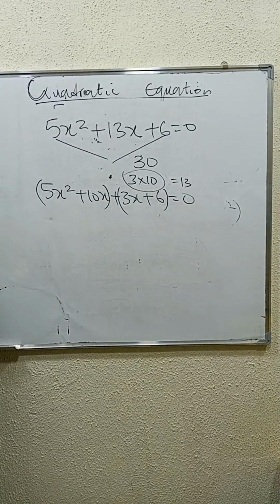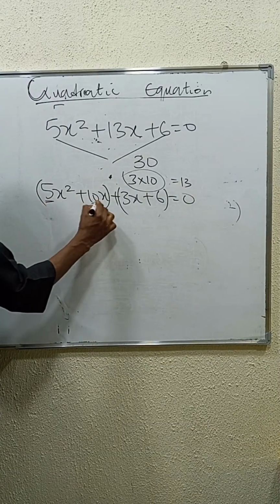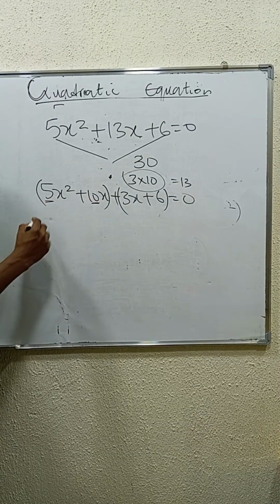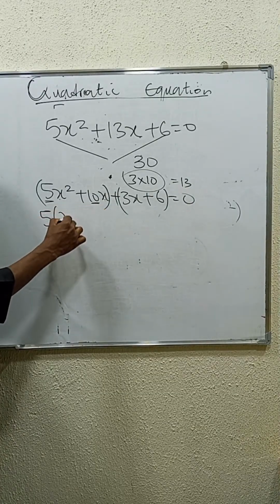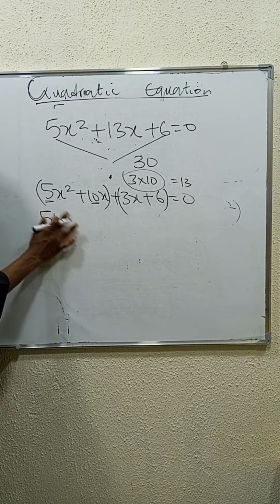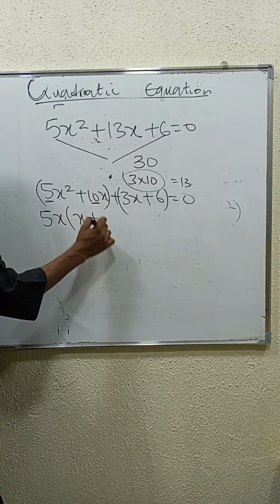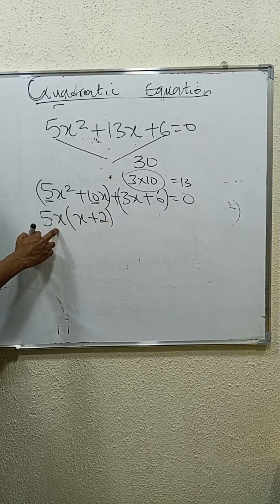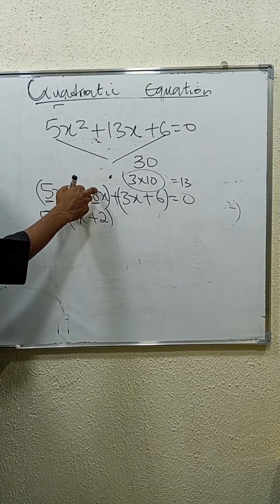For each group, you factor out the common term. 5 is here, 10 is here, so you factor out 5. Then x squared is here, x is here, so you factor out x. Then you are left with x plus 2, because 5x times x is 5x squared, and 5x times 2 is 10x.